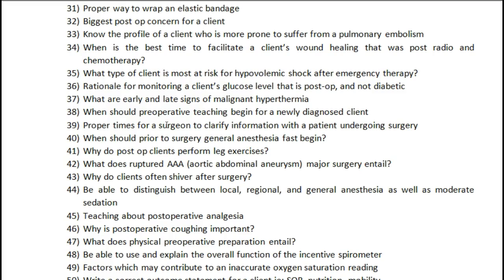As far as clarifying different things, they need to clarify information prior to a person undergoing surgery.